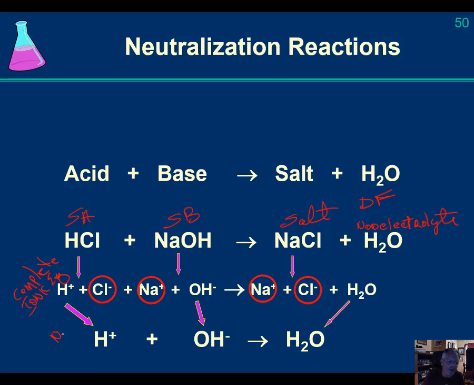This is your net ionic equation, and this will be the net ionic equation for any strong acid, strong base reaction. This is what's really going on in a neutralization reaction. The H plus and the OH minus hydroxide ion are both being neutralized in this neutralization reaction, which is a metathesis reaction.